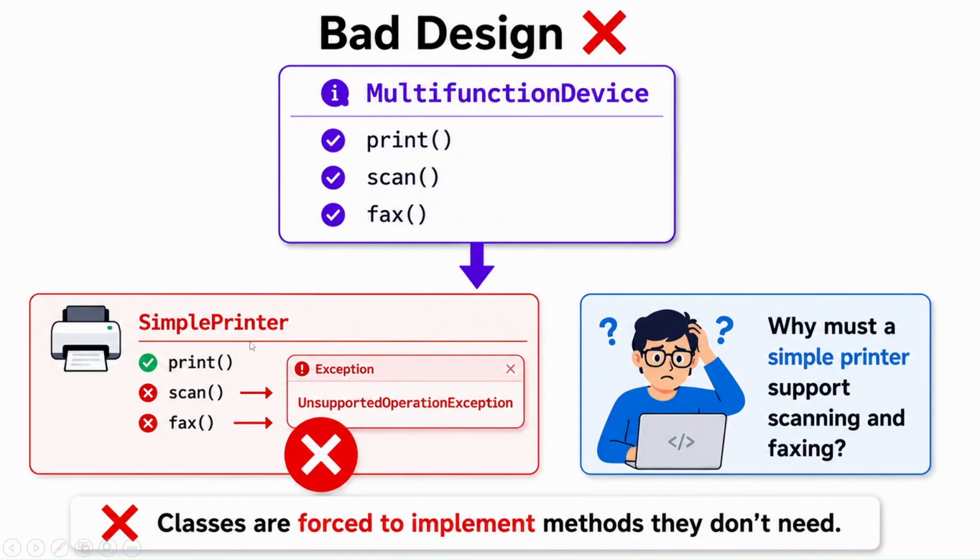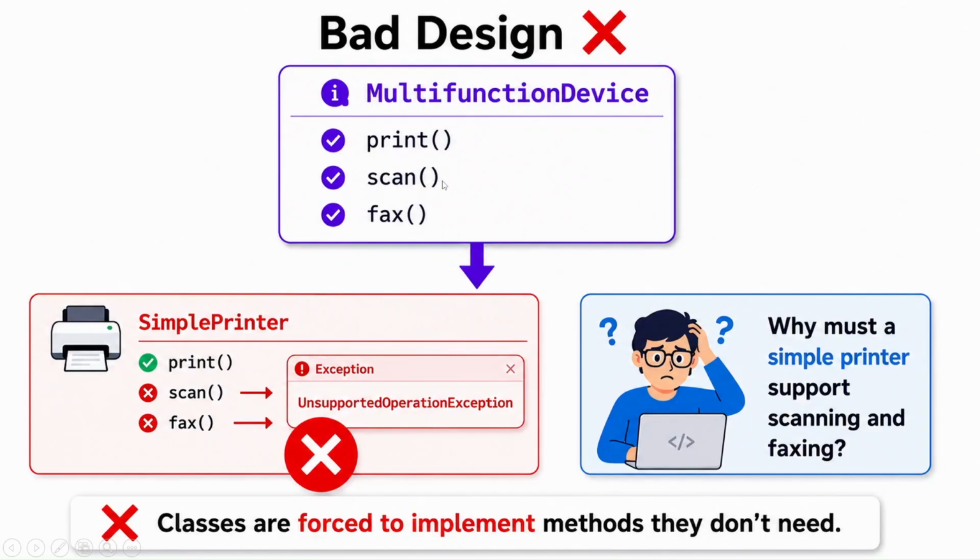So in our case, SimplePrinter is a concrete class and MultifunctionDevice is an interface. And our concrete class has to implement these methods and throw an UnsupportedOperationException, because SimplePrinter can only print, it cannot scan or fax.